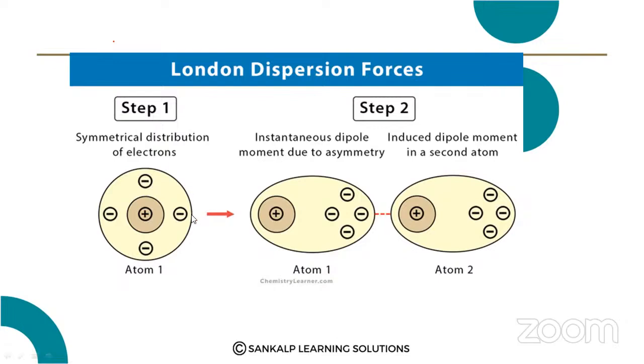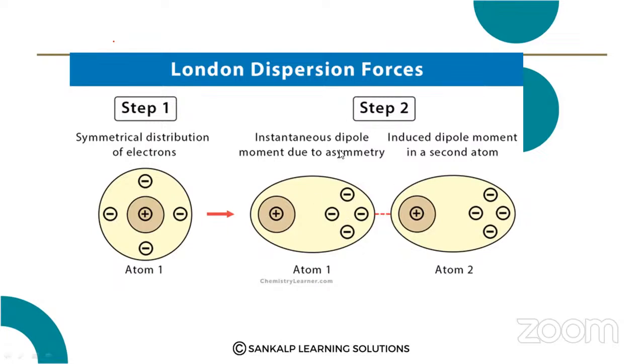The interaction energy is inversely proportional to the 6th power of the distance between the two interacting particles.